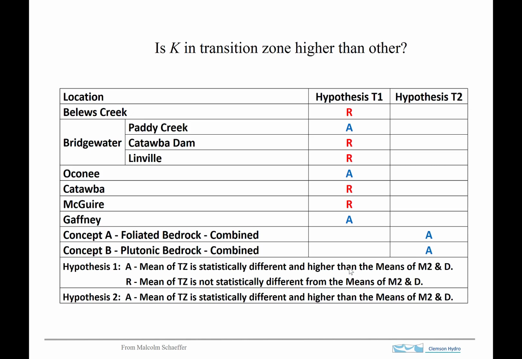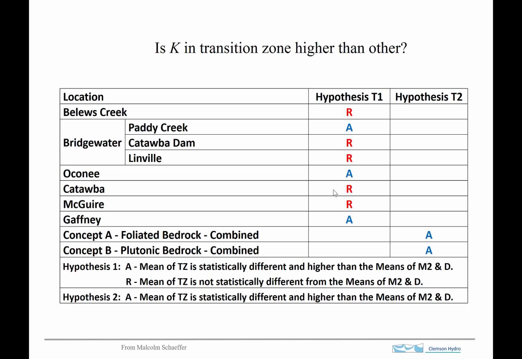And what he found was that these are the different sites, and R means that, from hypothesis one, that's shown down here. So in hypothesis one, A means that the mean of the transition zone is statistically different and greater than the means of M2 and M and D.